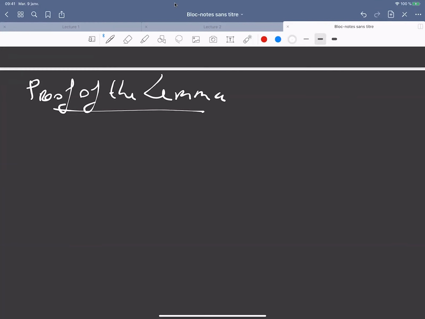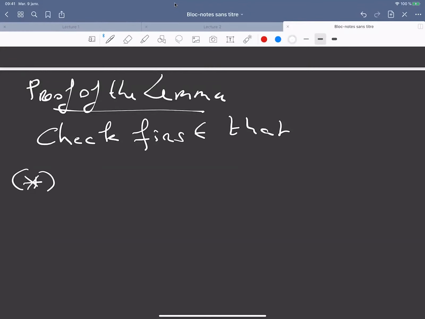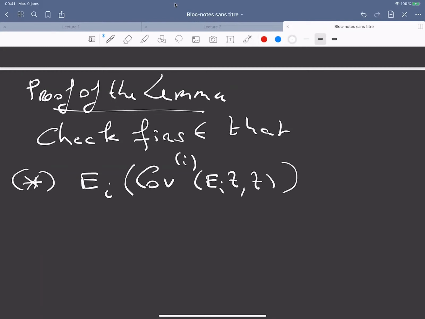We have to check first the following formula, that I denote by star, and which says that the conditional expectation AI of the conditional covariance of AI Z and Z is equal to the variance bracket I of AI expectation IZ.